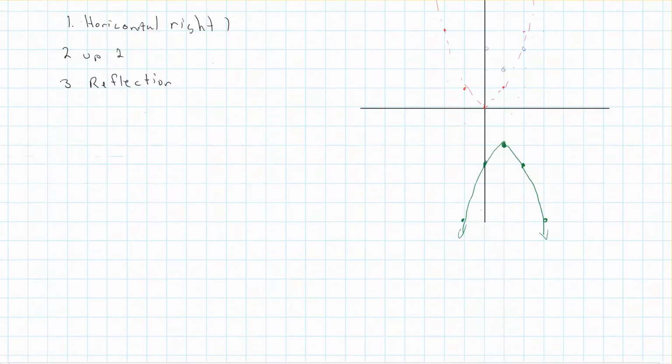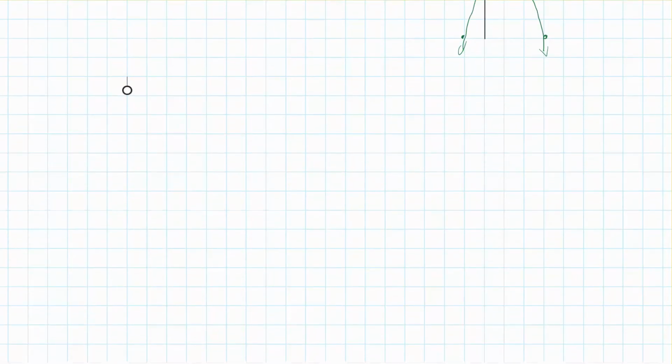All right, one more example here with the y-axis. The y-axis one here, as I said, can be kind of tricky, especially if we are combined with a horizontal shift. So y-axis with a horizontal shift.